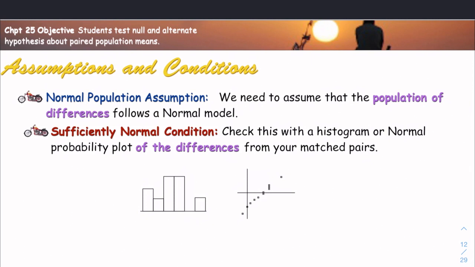Next, our normal population assumption. We need to assume that the population of differences follows a normal model. And we check this with a histogram or a normal probability plot of the differences from your matched pairs. So this is graphing the differences, or this is your NPP.